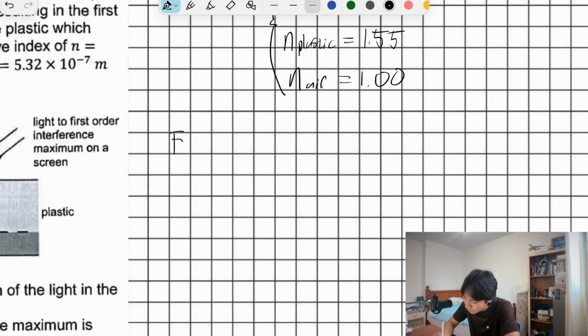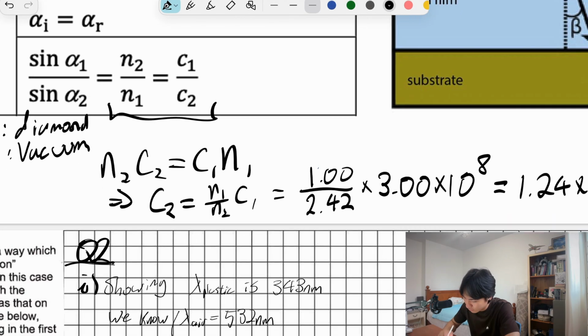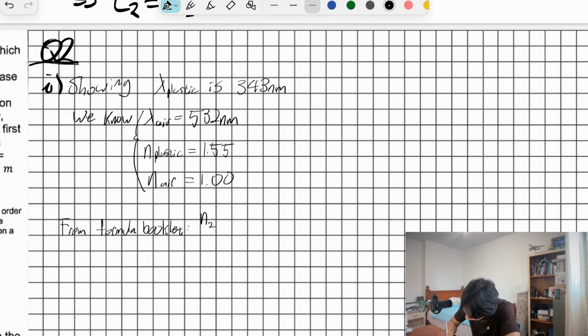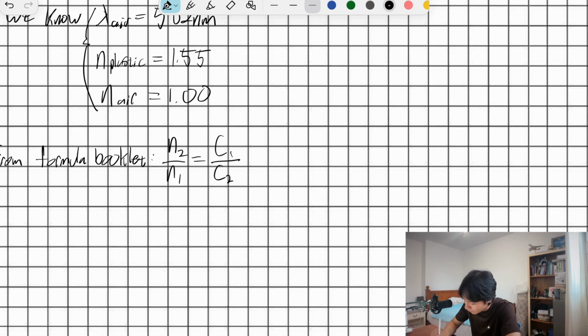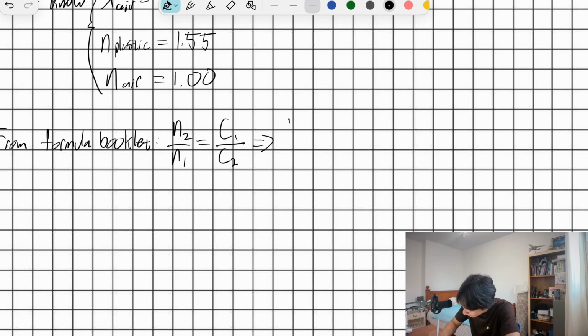So from the formula booklet, we know this relation here: n1 over n2 is equal to c2 over c1. Then we can say n plastic over n air must equal c air over c plastic. We're just replacing the symbols, fairly simple.